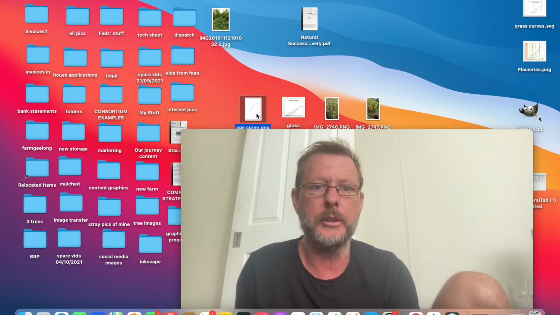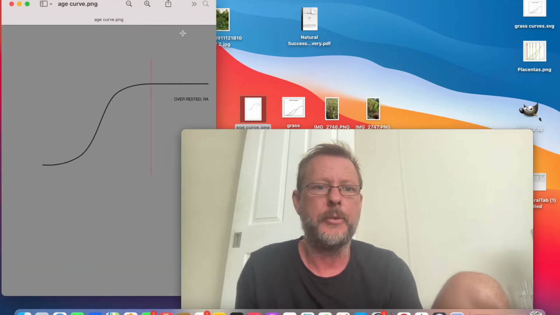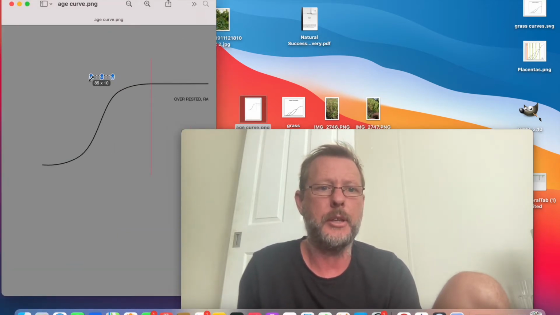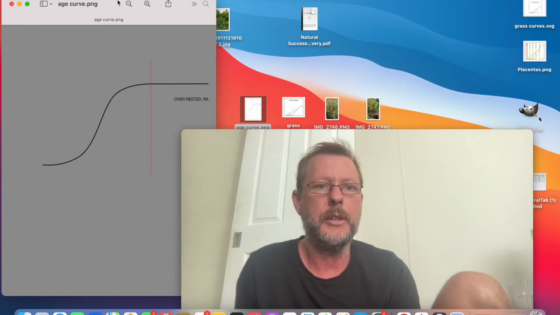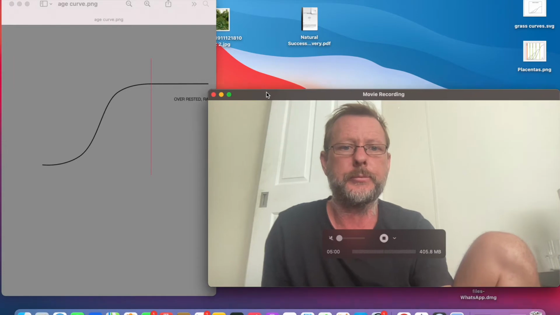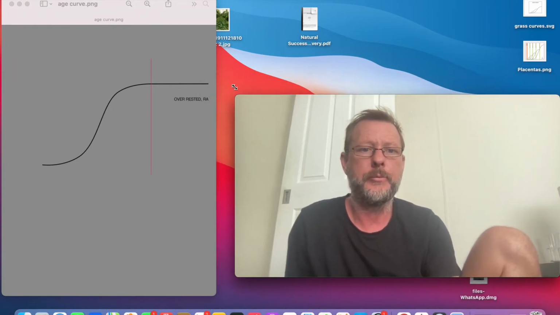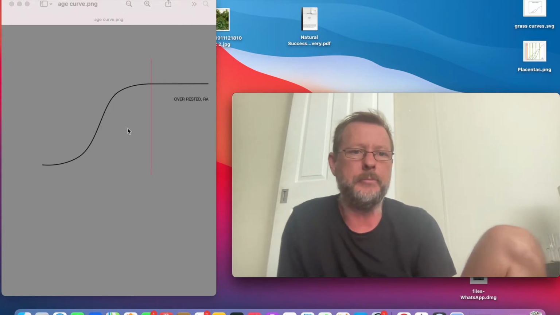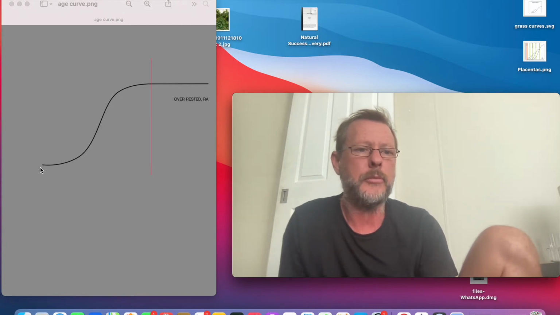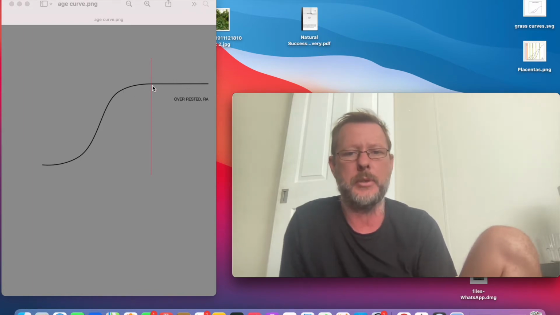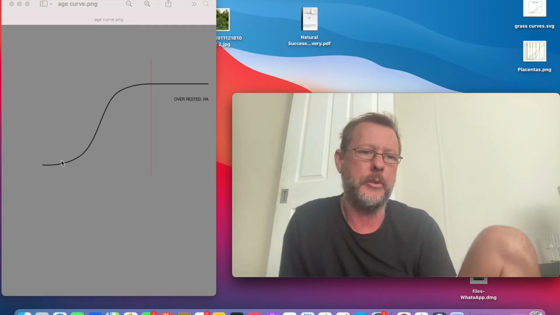So we've got an age curve here, and as you can see, the S-curve of an organism. In this case, it's a grass, or it can be a plant, or it can be a tree. But what we're looking at here is this curve.